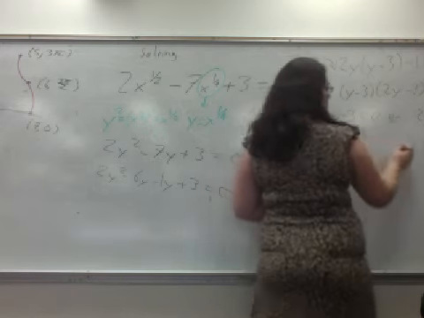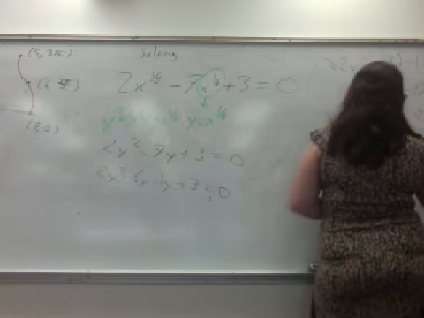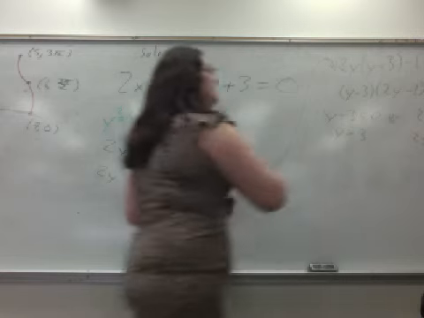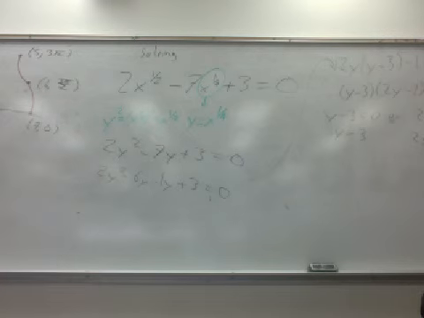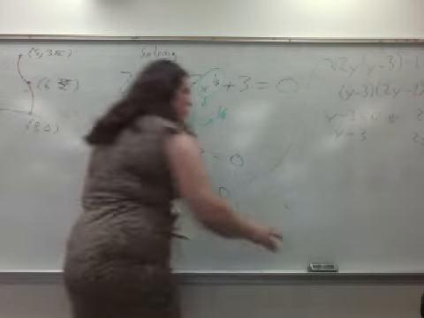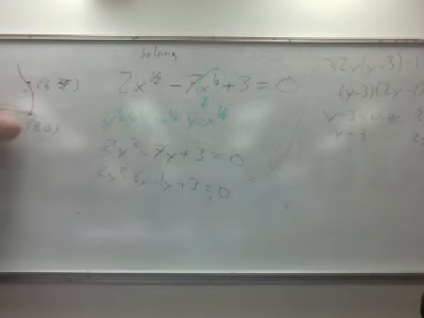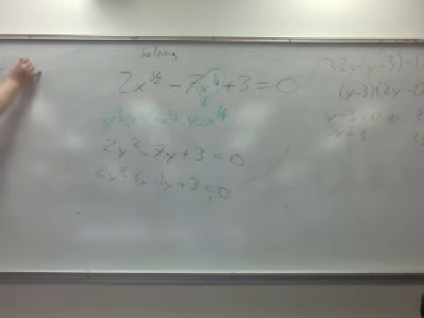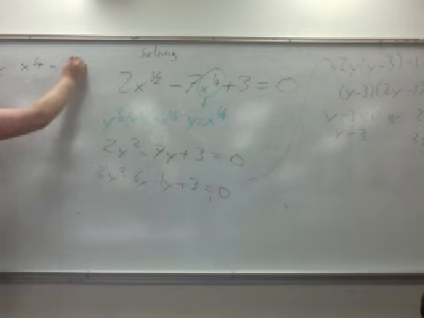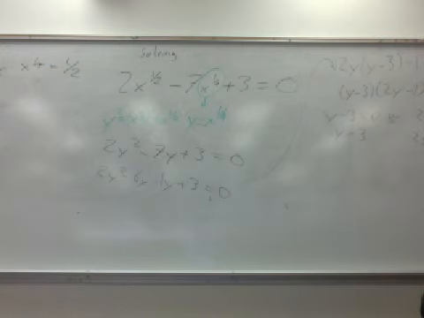And we get that. So either y minus 3 is 0 or 2y minus 1 is 0. Here it means y is 3. The second one is y equals 1/2. Now we need to remember that y was x to the 1/4. So really we have one of two situations: either x to the 1/4 equals 3, or x to the 1/4 equals 1/2.